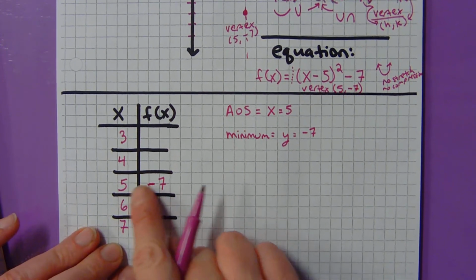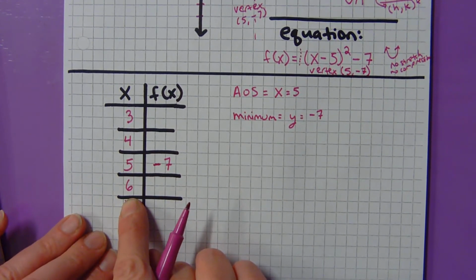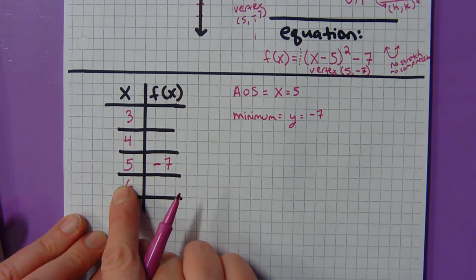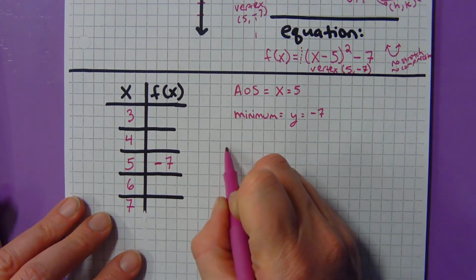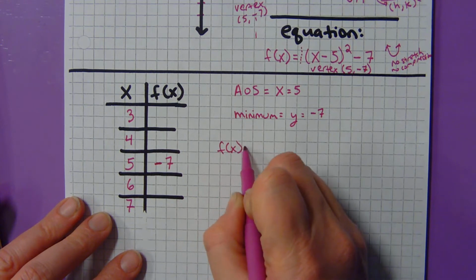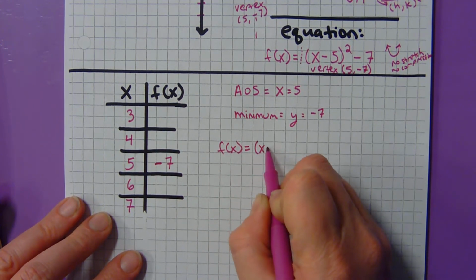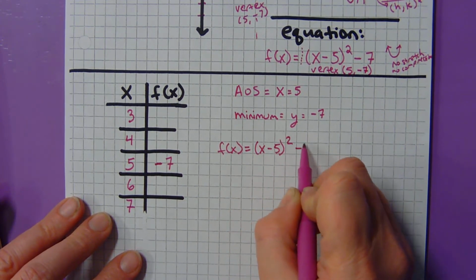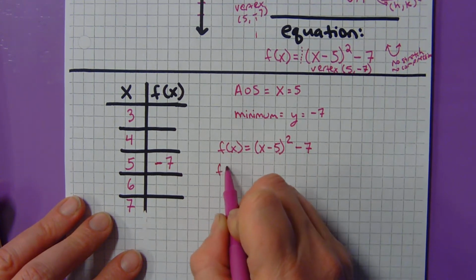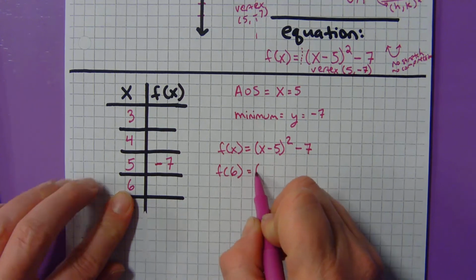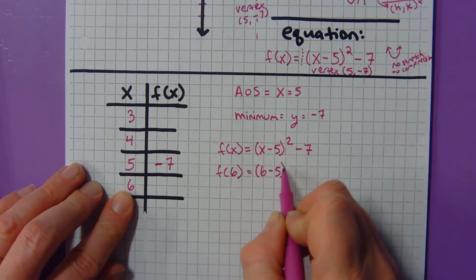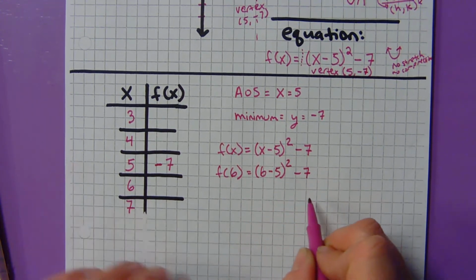I'm going to substitute my x into my equation and see what I get for f of x. So if I have my original equation, I'll write it down again: f of x equals (x minus 5) squared minus 7. So f of 6, when x is 6, is (6 minus 5) squared minus 7.